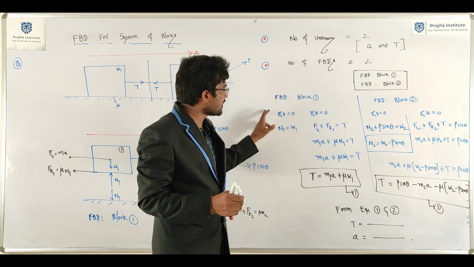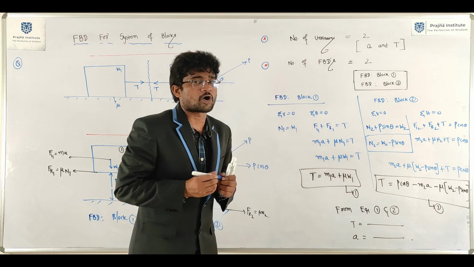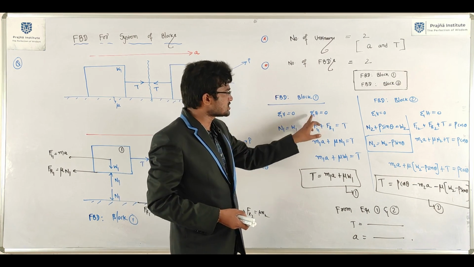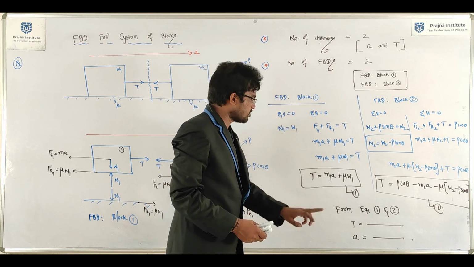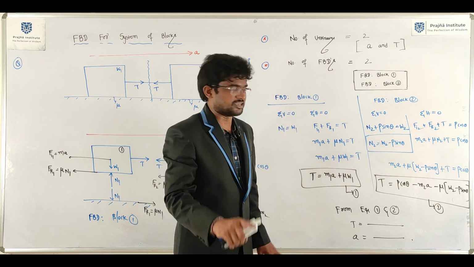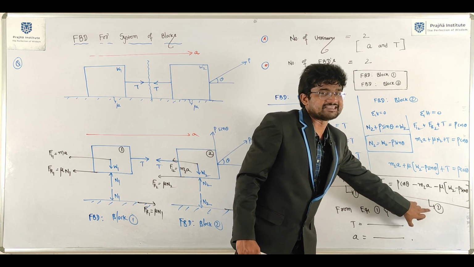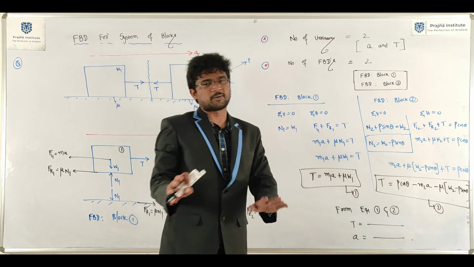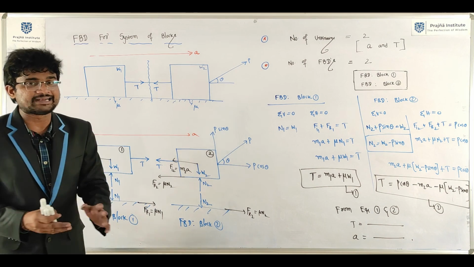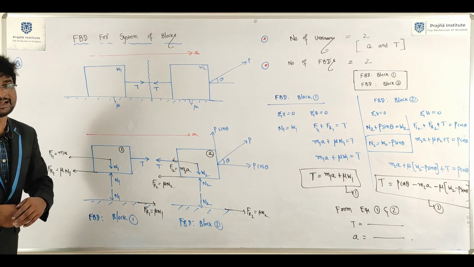Then start applying equilibrium equations for the free body diagram of block 1: sigma V equal to 0, sigma H equal to 0. Once you combine these two equations, you will get one unique equation. Finally, you will get another equation. Two equations, two unknowns, you can happily solve the problem. This is the format to solve kinetics of rigid body problems.